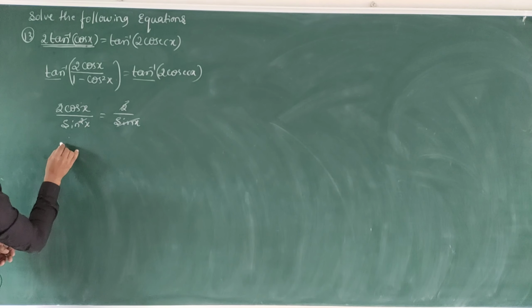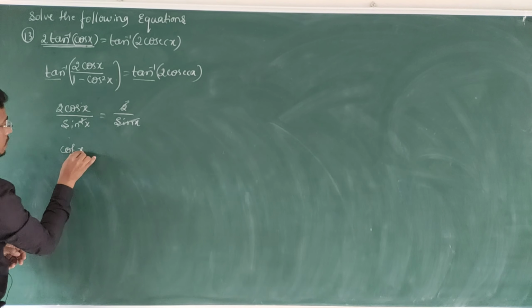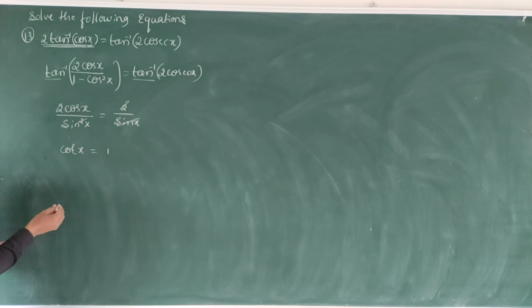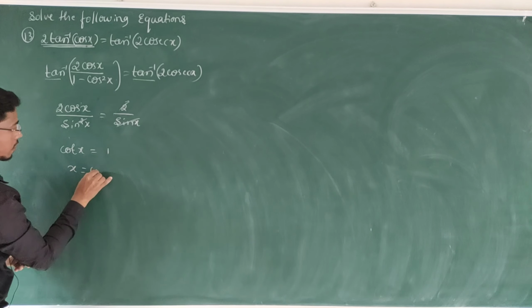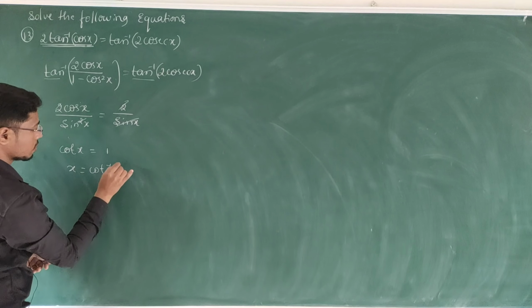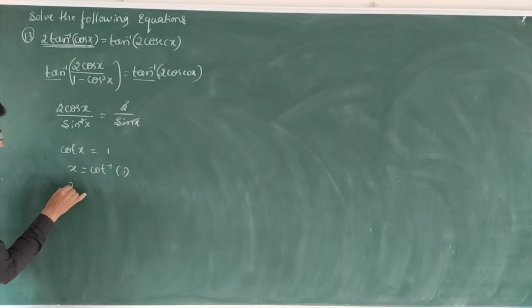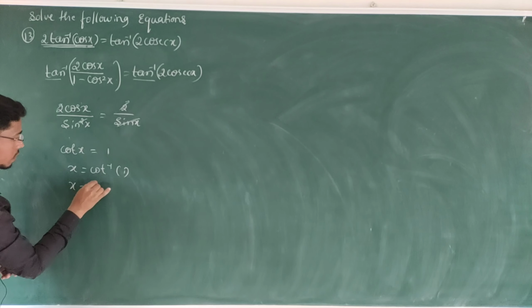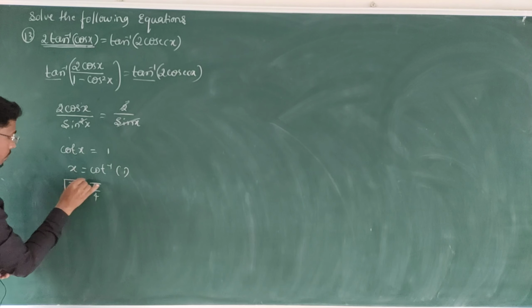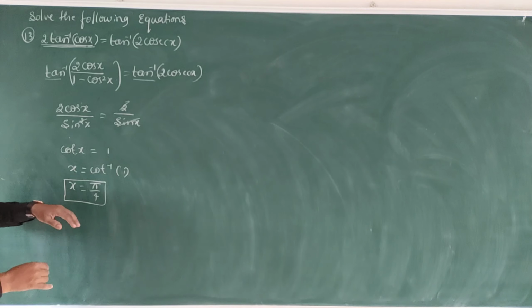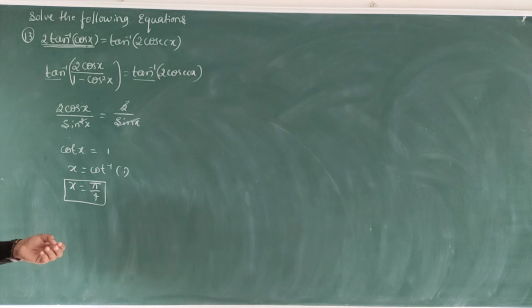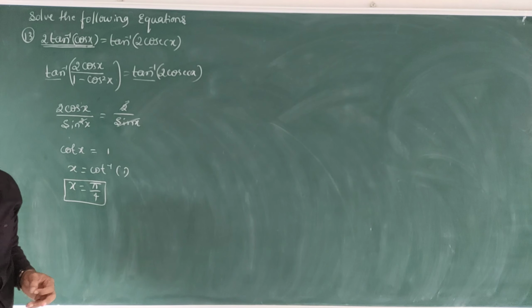Cos by sin is cot x, which is equal to 1. x equal to cot inverse of 1, which is pi divided by 4. So the value of x in this equation is x equal to pi divided by 4.